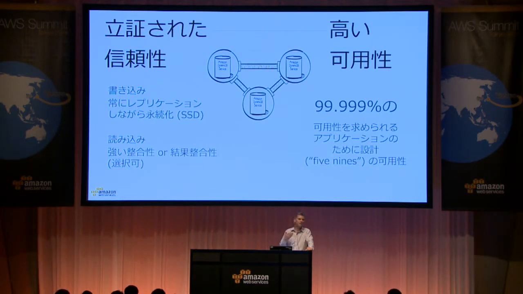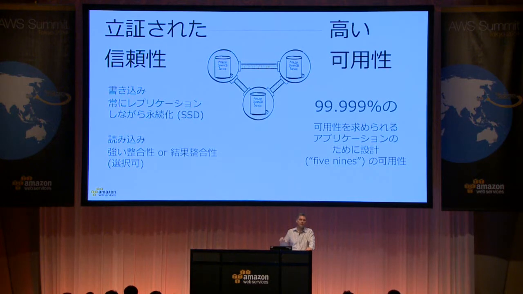With reads, a lot of people assume that you can't have consistent reads in a distributed system. You can. So DynamoDB gives you strongly or eventually consistent reads. It's an option.